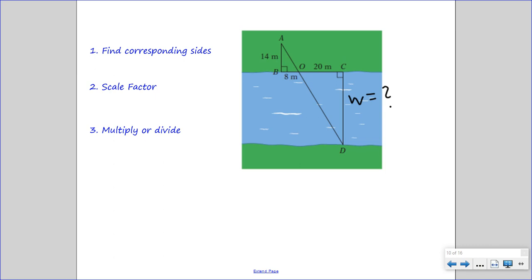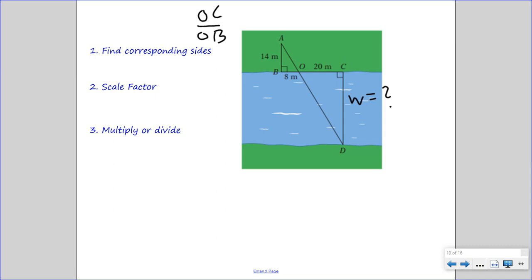Our corresponding sides, I always look at the big triangle and then look at the smaller triangle. I'm looking at the right angle, and I notice that OC in the big triangle corresponds to OB in the smaller triangle. That's the correspondence.